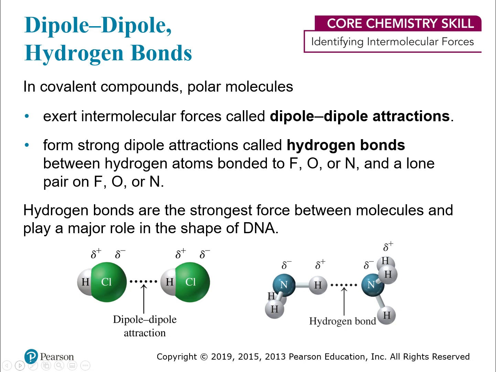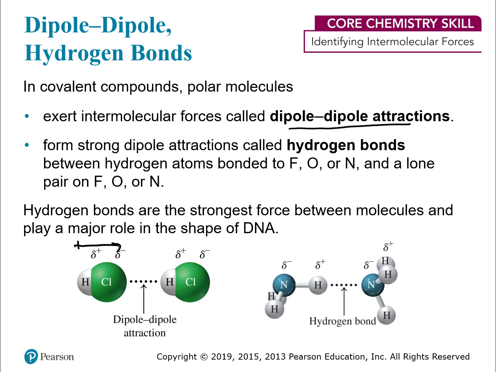Let's cover the different kinds of intermolecular forces that you can have. In a covalent compound, polar molecules have these intermolecular forces called dipole-dipole attractions, or dipole-dipole forces. Remember when we were looking at the polar covalent bonds that we have a dipole.